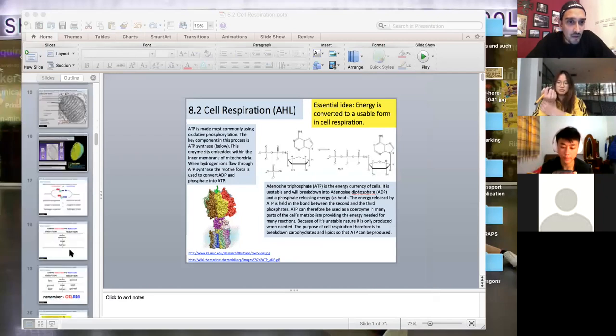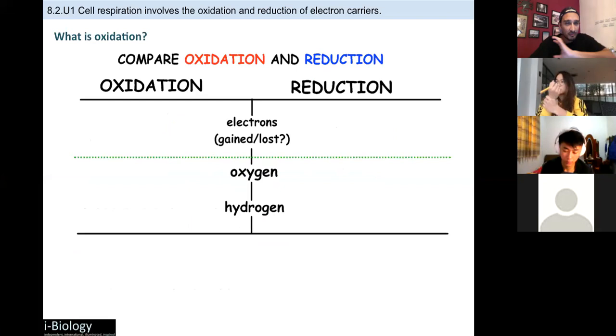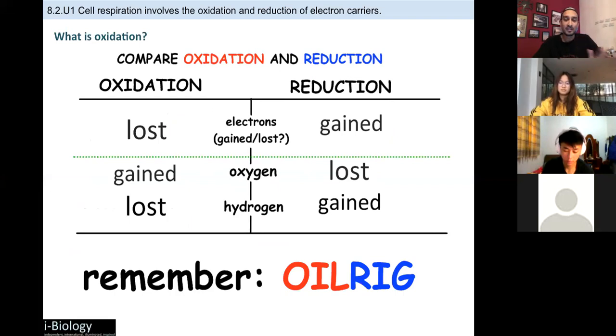That is the reason I break this up, because this is something that always gets people all riled up, gets your underwear in a knot and stresses you out. But really, keep it simple. Are you losing or gaining electrons?